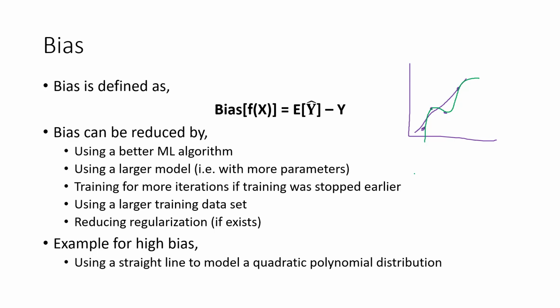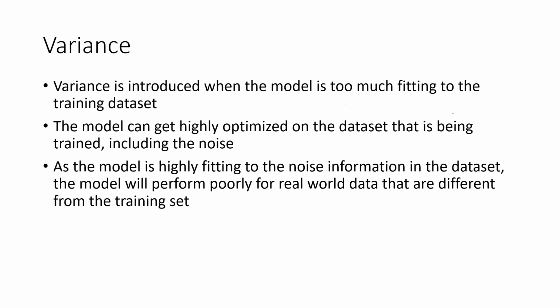But this seems good only for the training data set. When it comes to real world data, this is a high variance case, and it would create an error due to the higher complexity of the model. So variance is introduced when the model is fitting too much into the training data set, right?